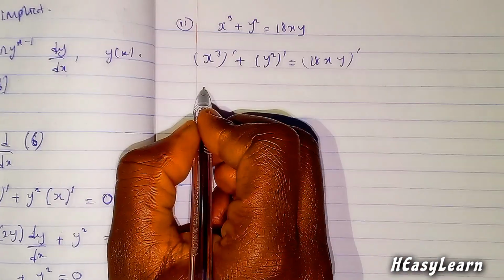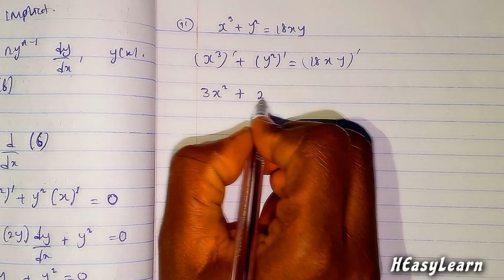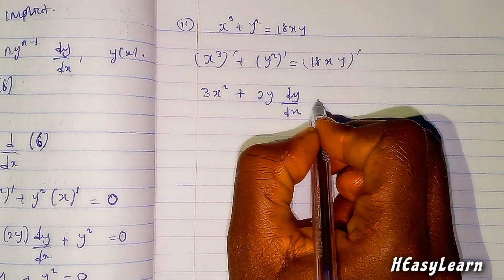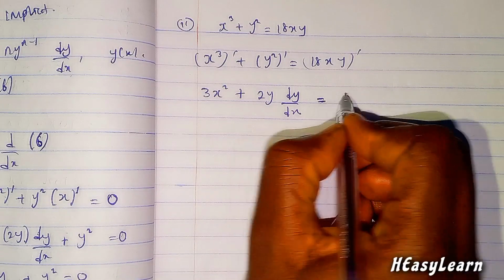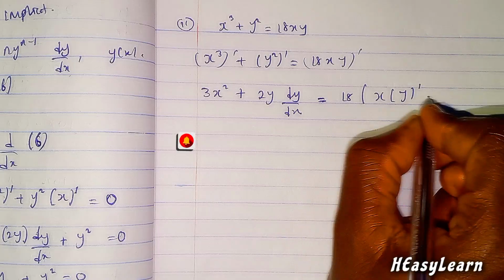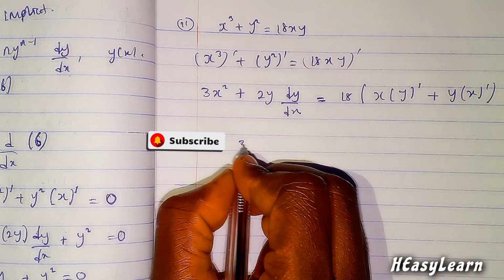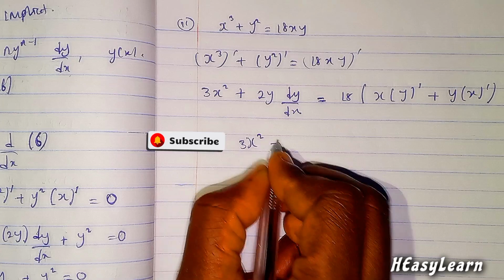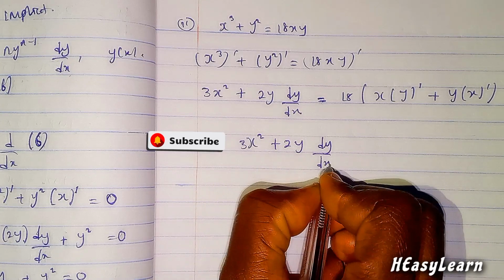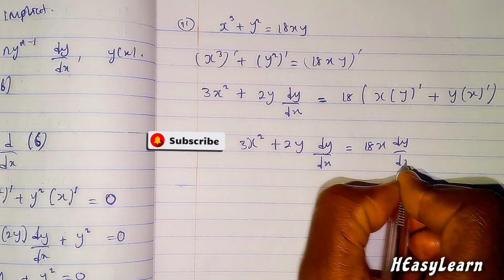This is the same thing as 3x square plus 2y dy/dx. This equals 18, keep x, differentiate y, plus keep y and differentiate x. 3x square plus 2y dy/dx equals 18x dy/dx.